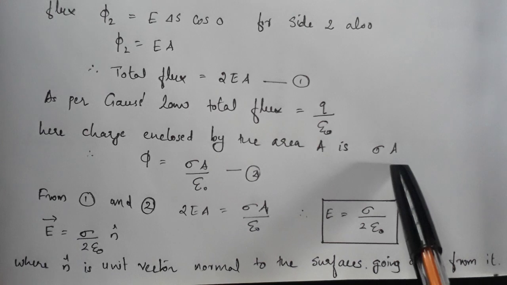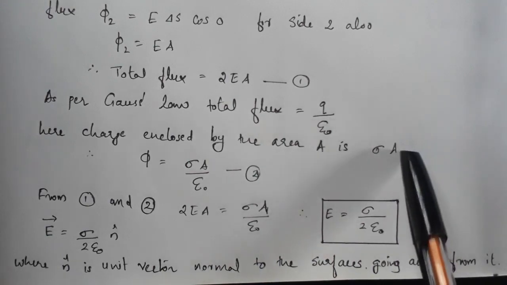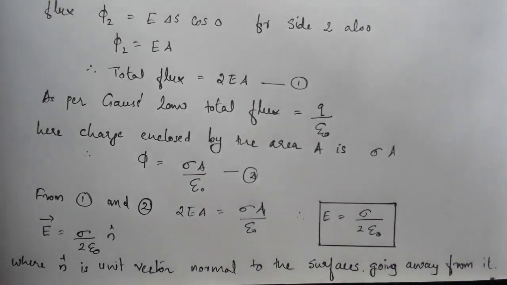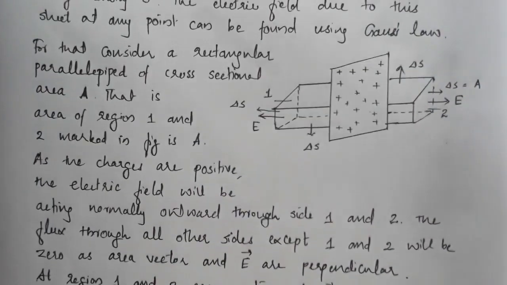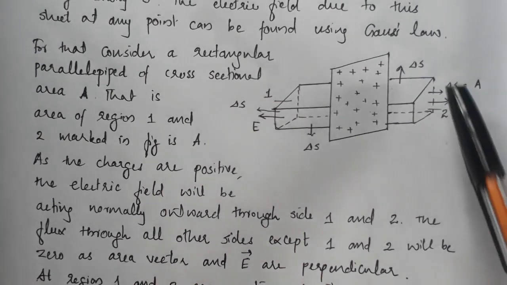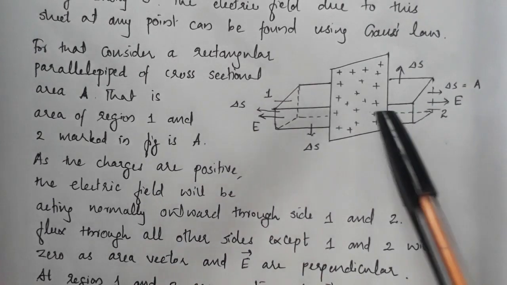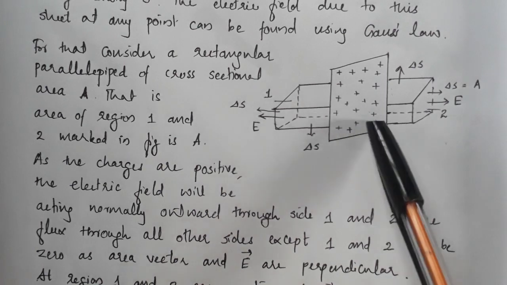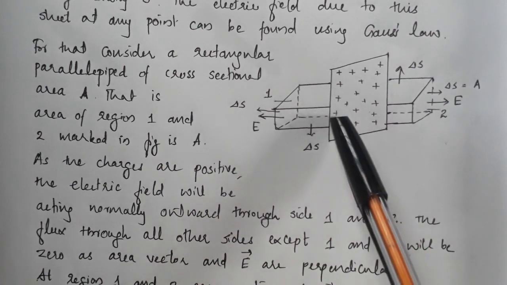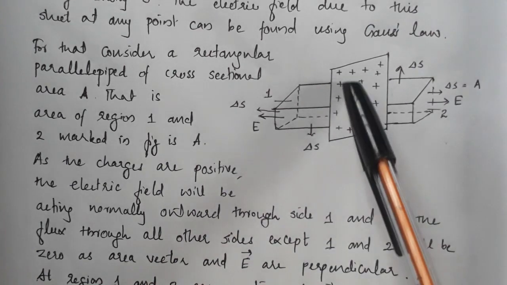So the side area A is here, and the charge enclosed by this side area A, let's come back to the figure again. This much is the area A. So here only that much area is coming as the area enclosed within this sheet.